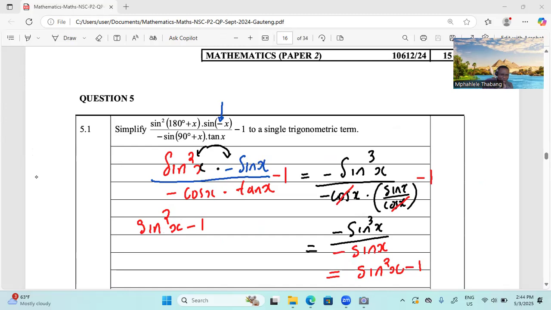I know that 1 minus sine squared x, it is cos squared x. So unfortunately, sine squared x -1 is not 1 minus sine squared x, which means that now I see that actually the final answer of sine squared x -1 is going to be minus cos squared x.